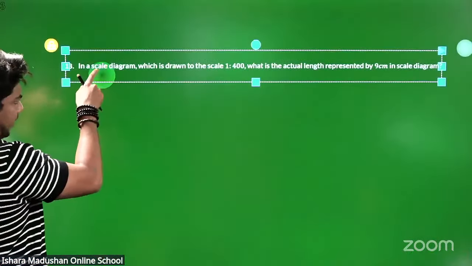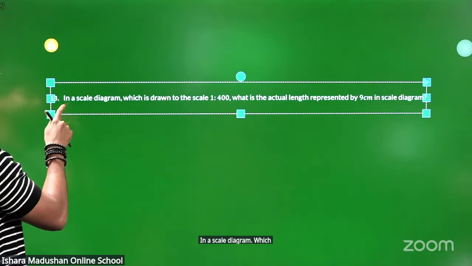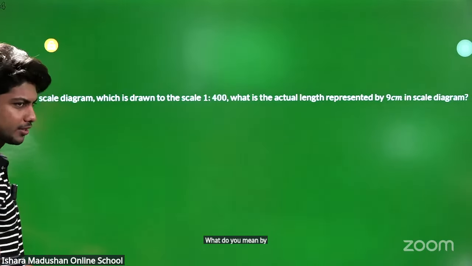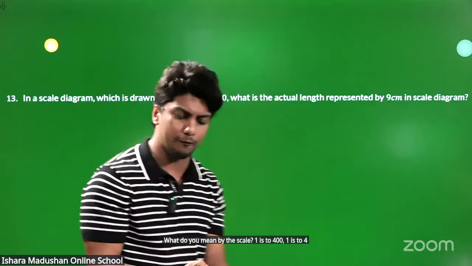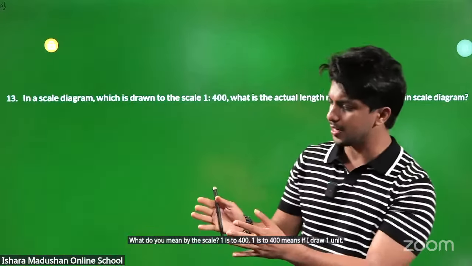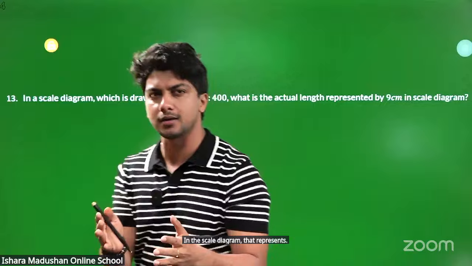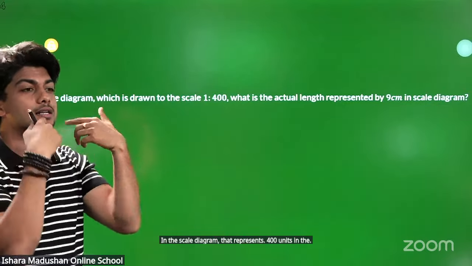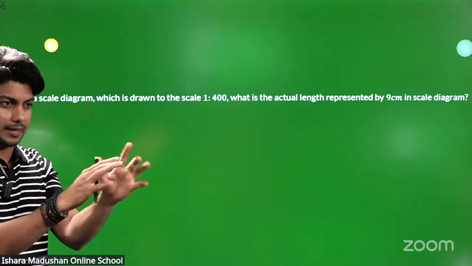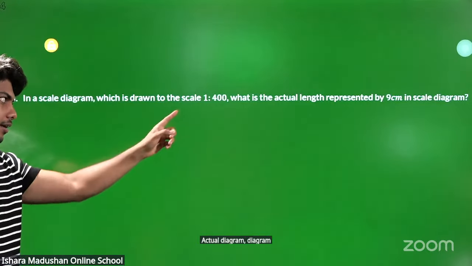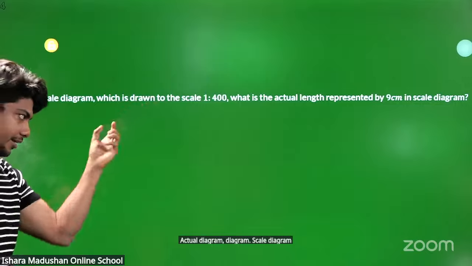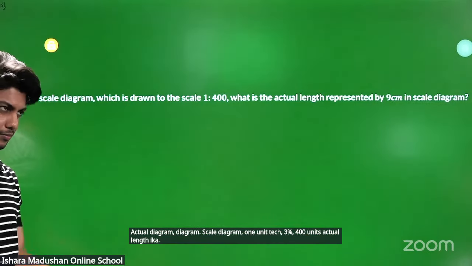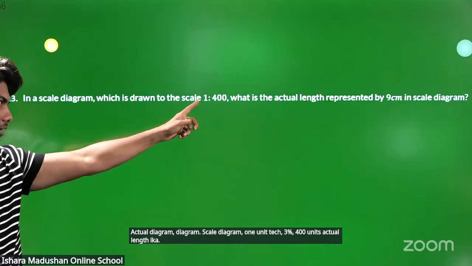A scale diagram is drawn to the scale 1:400. What do you mean by the scale 1:400? 1:400 means if I draw one unit in the scale diagram, that represents 400 units in the actual length.